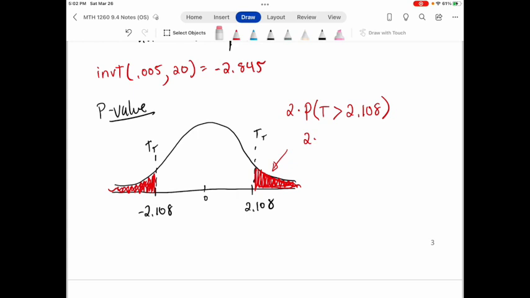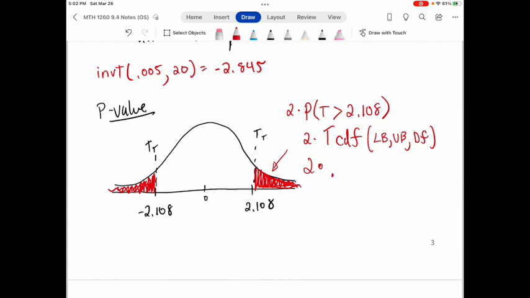So you would use, let me write this down, T CDF, and you would put in all the information. Your first piece of information would be your lower bound, then your upper bound, and then your degrees of freedom.